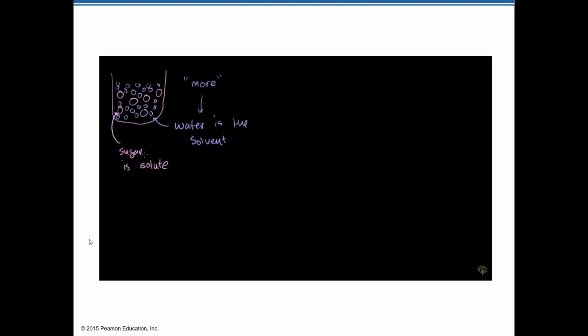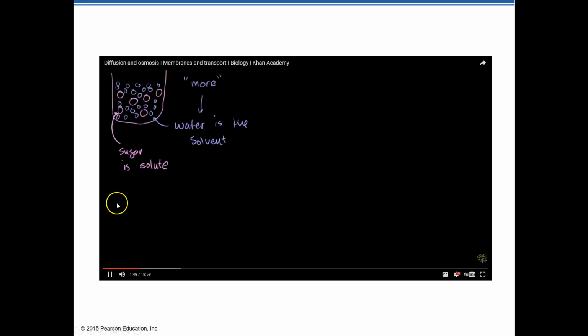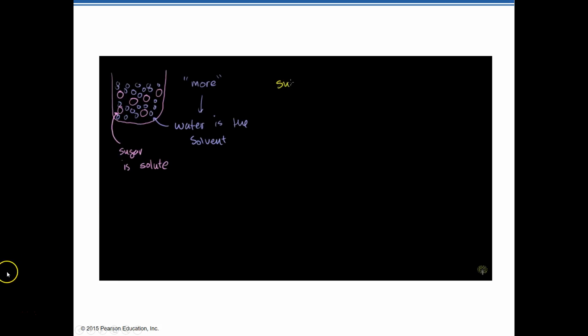And we say that the sugar has been dissolved into the water. And this whole thing right here, the combination of the water and the sugar molecules, we call a solution.